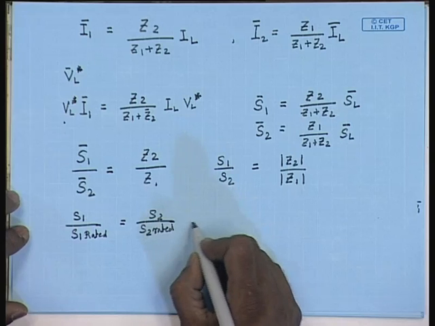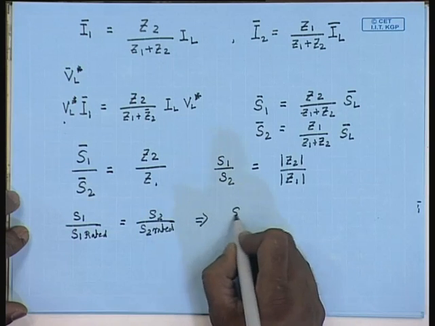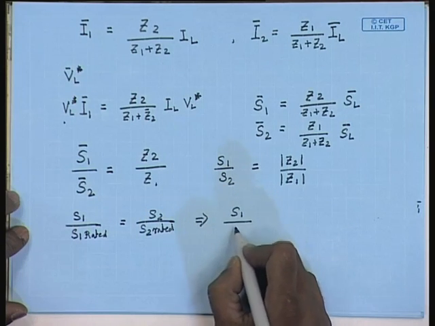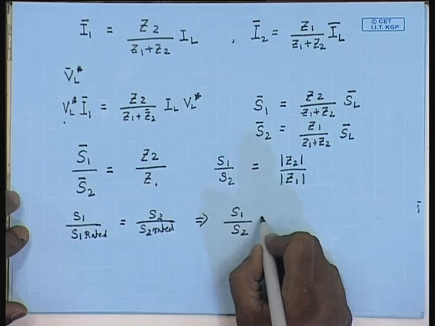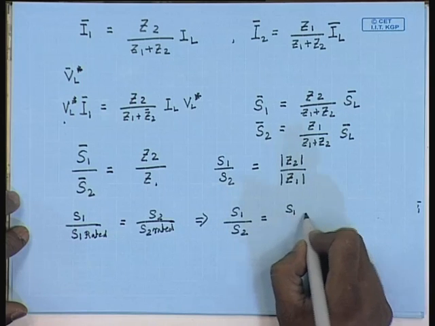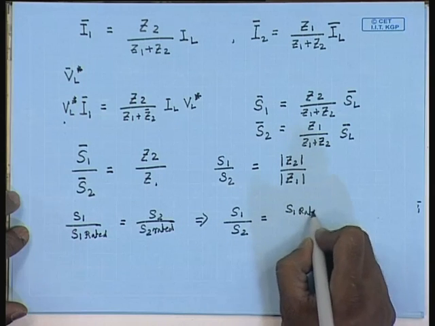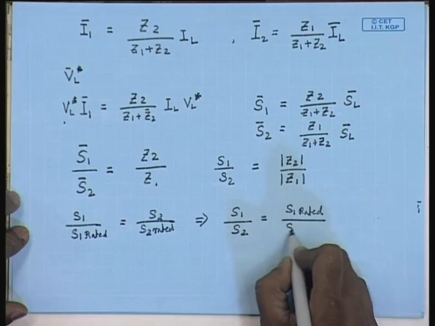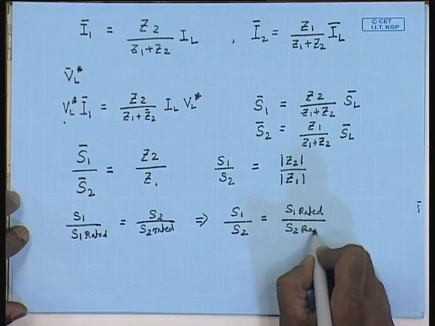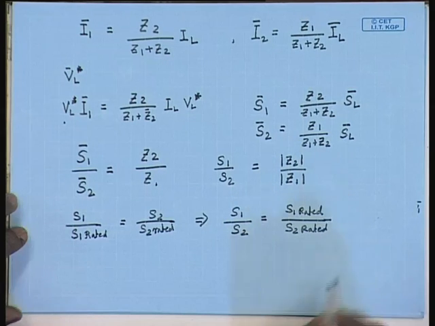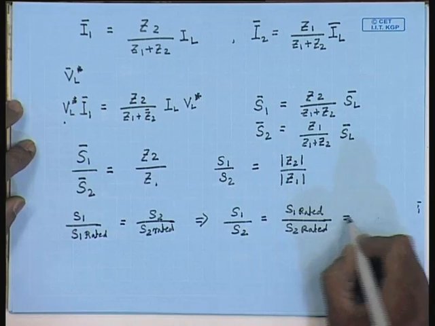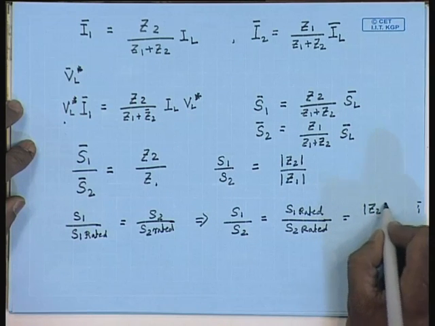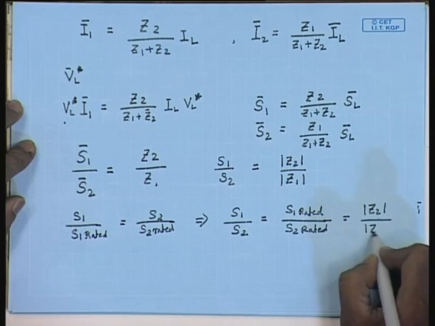Therefore, this translates to S1 divided by S2 equal to S1 rated divided by S2 rated, that is the transformers share the total load kVA in proportion to their individual kVA rating, but this we have seen to be equal to mod Z2 divided by mod Z1.